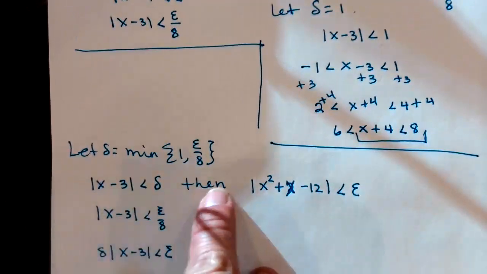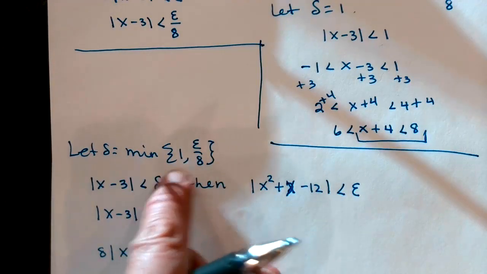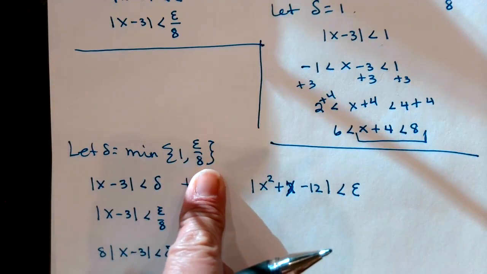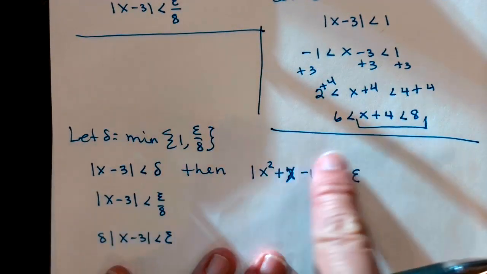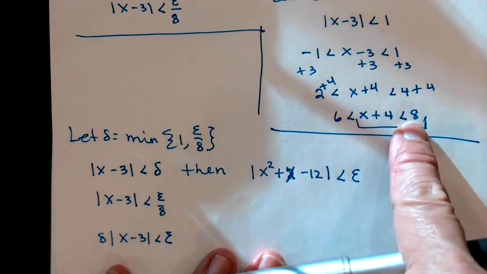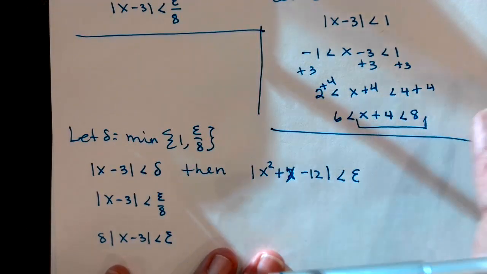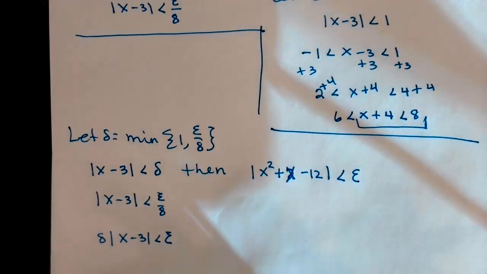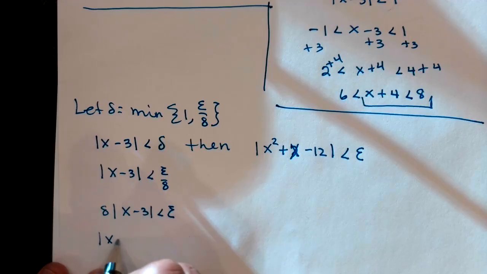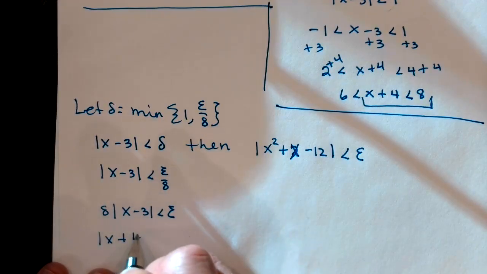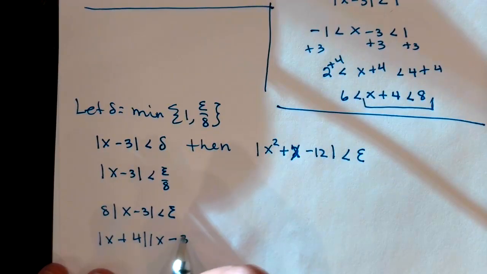My caveat before I started my proof was that delta was the smaller of 1 or epsilon over 8. So this 8 can get replaced with x plus 4, because with delta equaling 1, the most that could be was 8, and it's less than 8. So this 8 gets replaced with the absolute value of x plus 4 times the absolute value of x minus 3 less than epsilon.